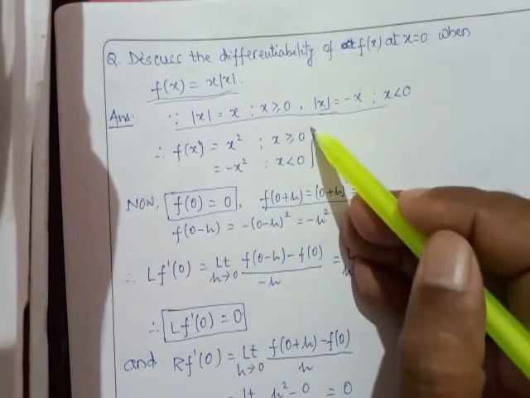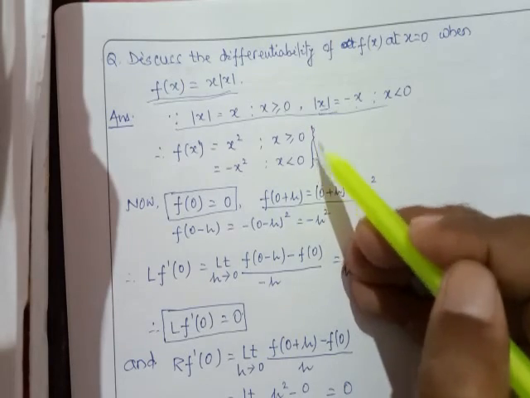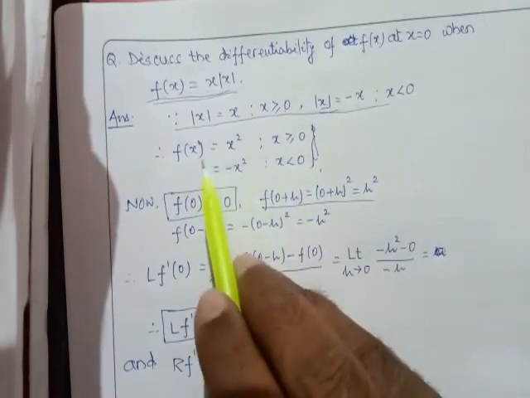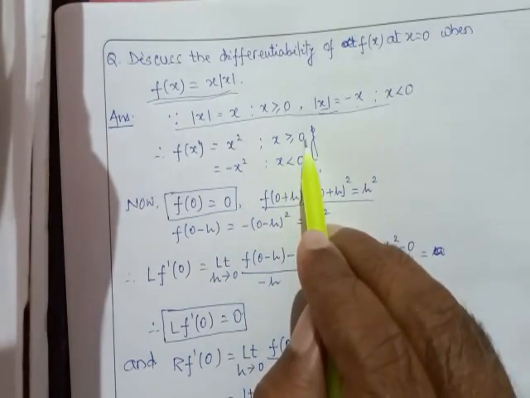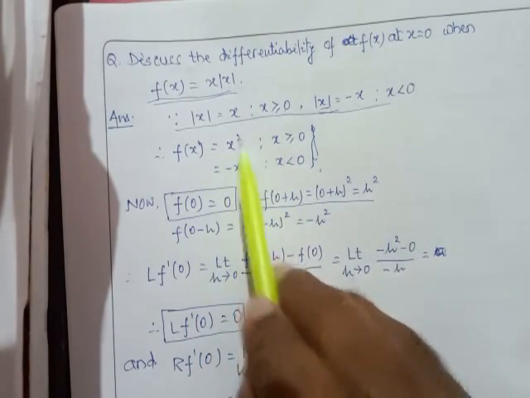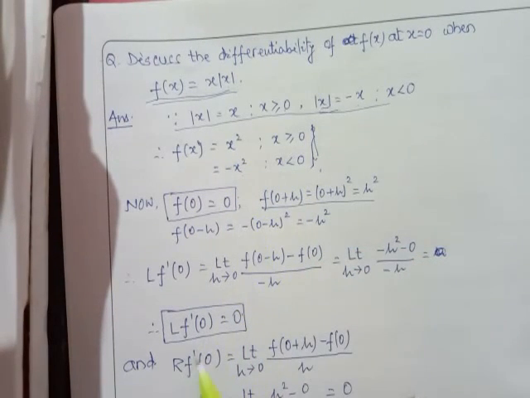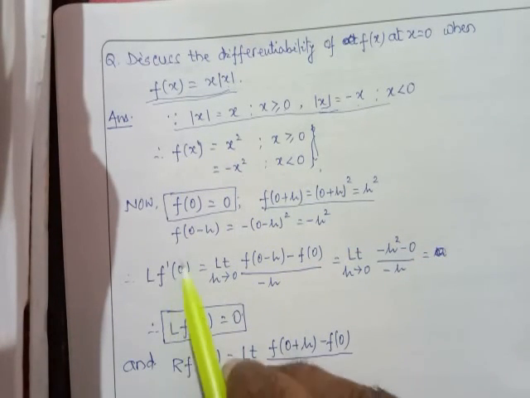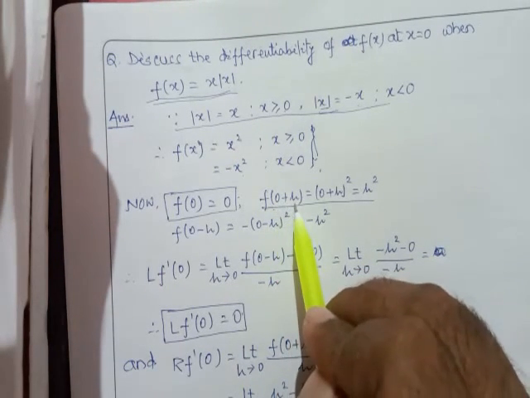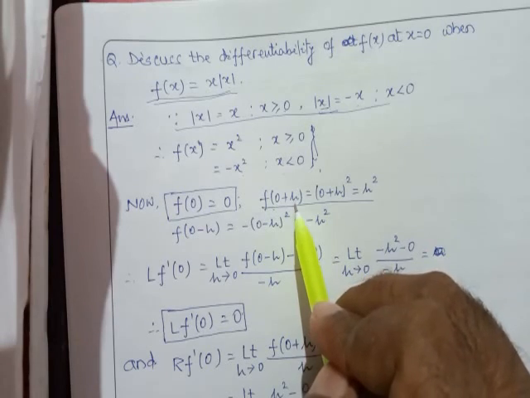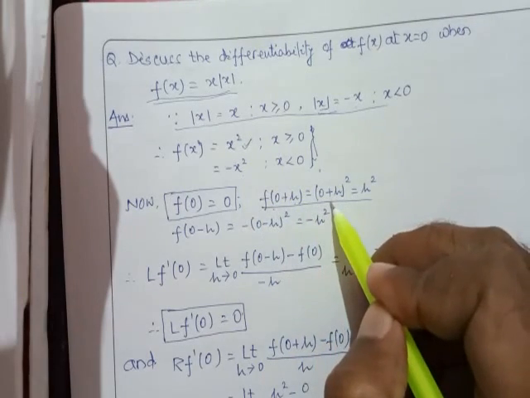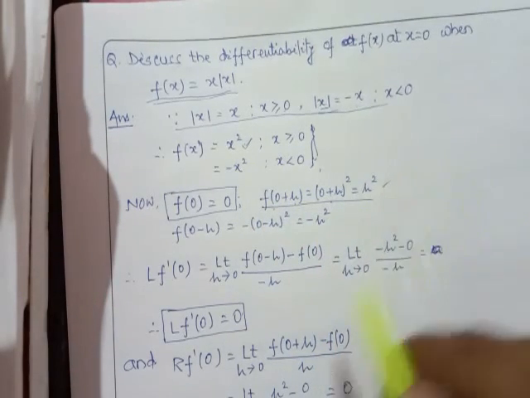Now check the differentiability. First calculate f(0). f(0) means when x is equal to 0, so 0 square, which is 0. Next calculate f(0+h). 0 plus h is greater than 0, so again this will be applicable. So (0+h) whole square, which is obviously h square.